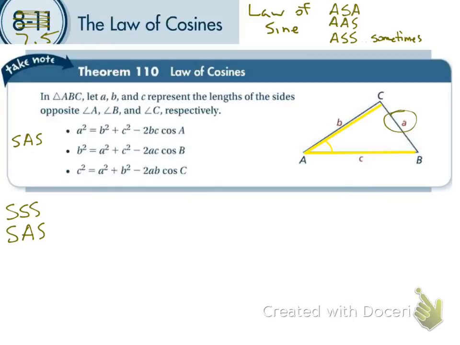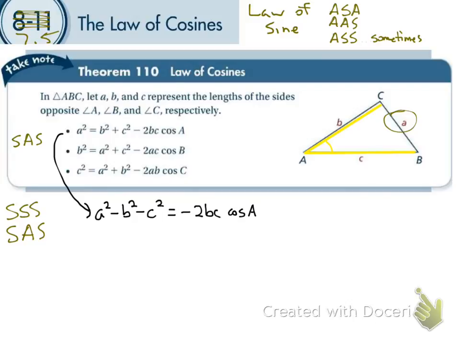Now, what if we wanted to find an angle? Because if we had a side, side, side situation, we need to find an angle knowing only the sides. This is where we modify law of cosines. So what we can do, we're going to take this one. I want to get cosine A by itself. So the first thing I get is a squared minus b squared minus c squared equals negative 2bc cosine A. Subtract them over.